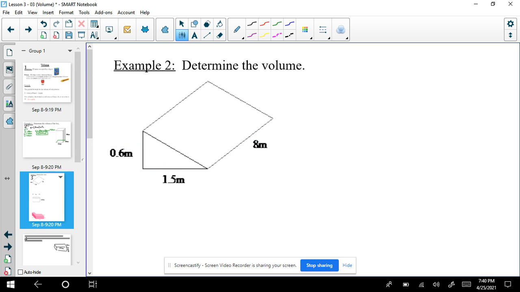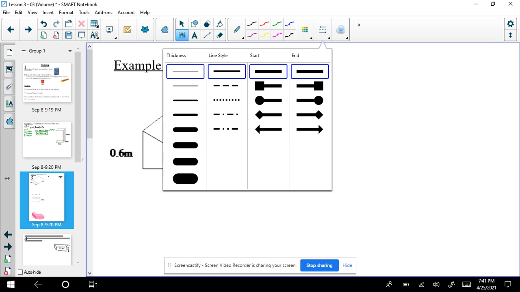Determine the volume. We have 3 figures here. To determine the volume of a triangular prism, we are going to take the area of our base. Oh, I don't like the look of that one.